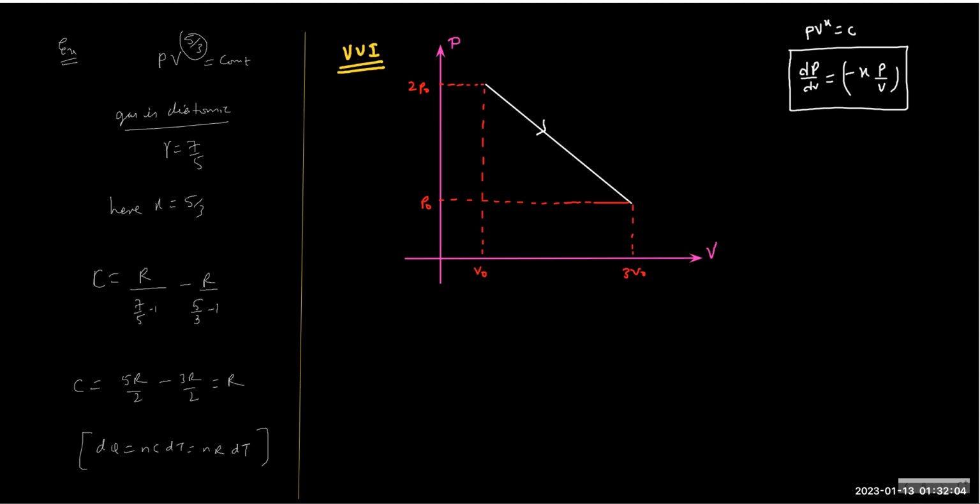Sir, we just make the equation and then try to solve it. Exactly. You're supposed to first find the equation. Can you find the equation of this line? It's a simple straight line, so you can use the straight line relation.